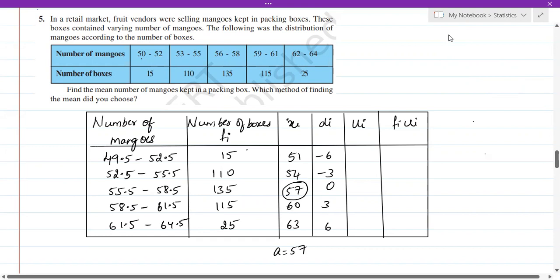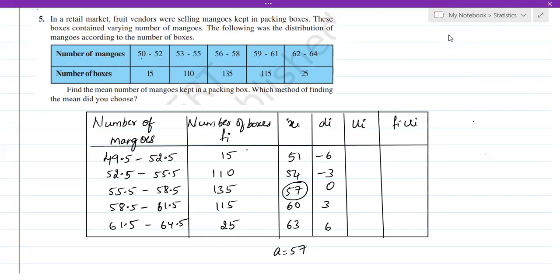What we do is, in this column di, look at the numbers -6, -3, 0, 3, 6, which is that number that divides all these numbers. That is, we are trying to find the common factor, which is 3. So divide by that. -6 divided by 3 becomes -2. -3 divided by 3 becomes -1. 0 by anything is 0. 3 by 3 is 1. 6 by 3 is 2.